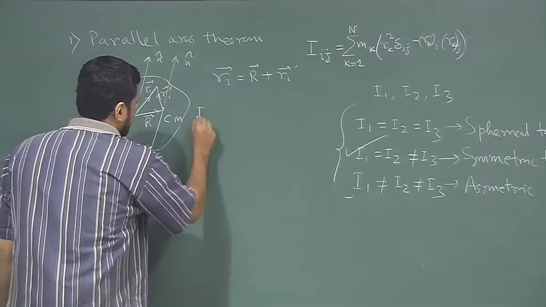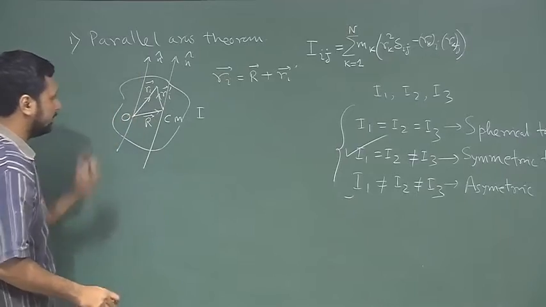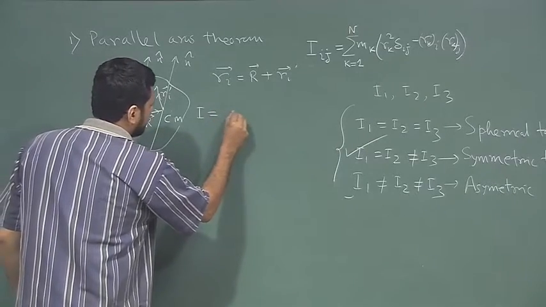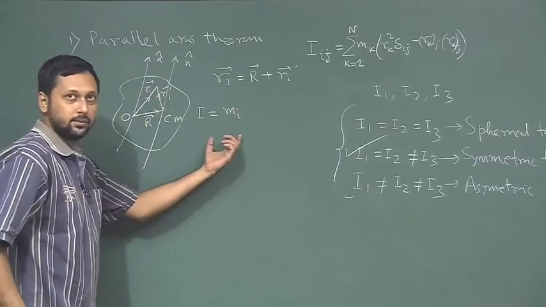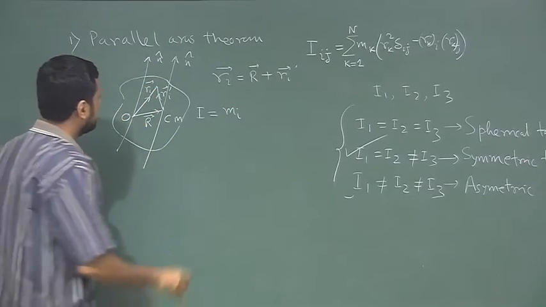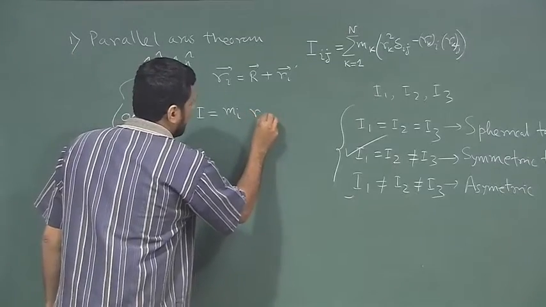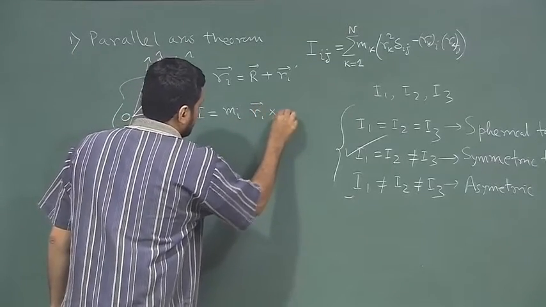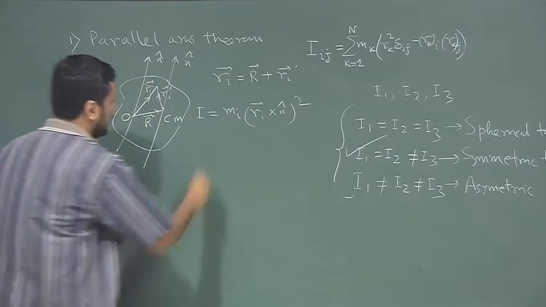So, I, which is the moment of inertia measured around this axis, will be given by the sum over i. Again, I am not writing the sum because we are following Einstein summation convention. d_i is the distance, which is |r_i cross n|^2.